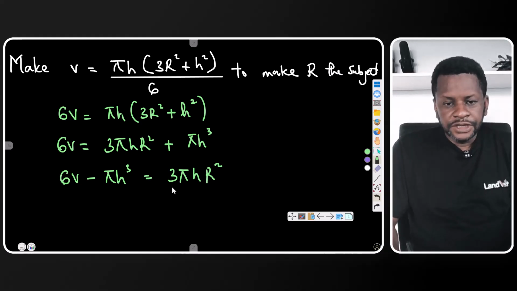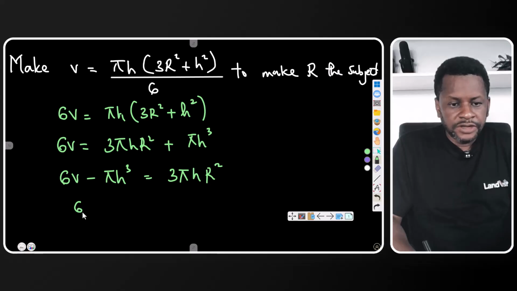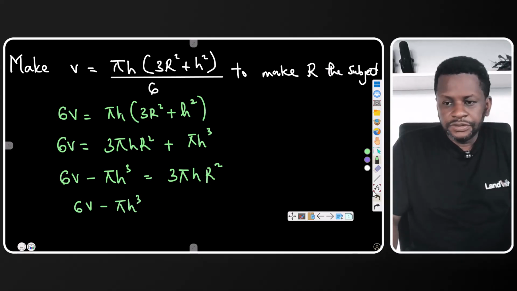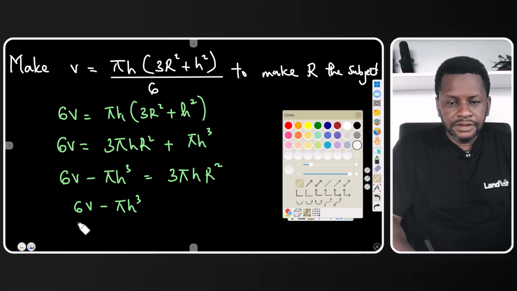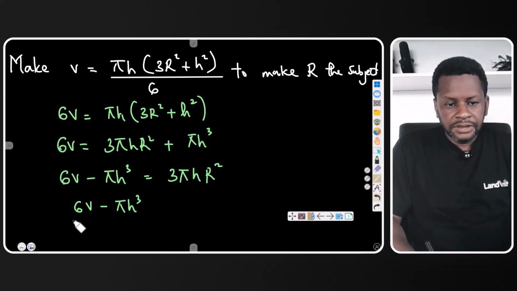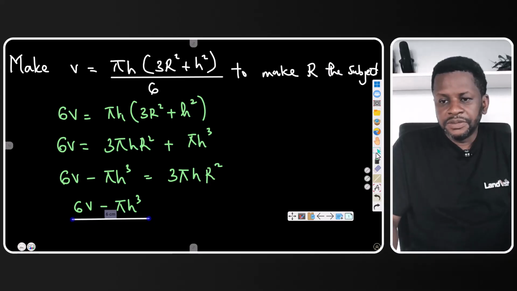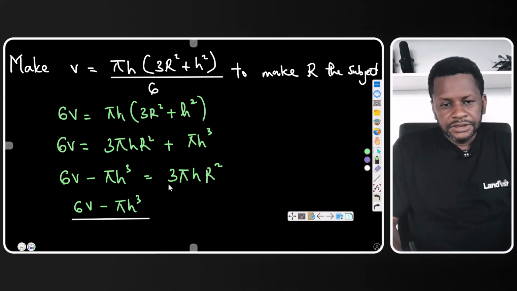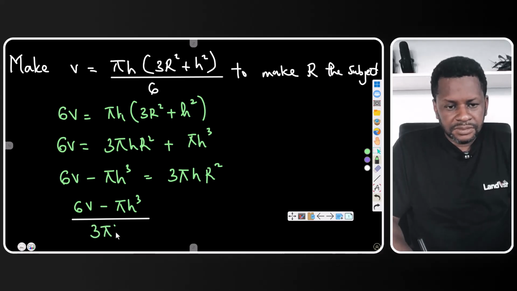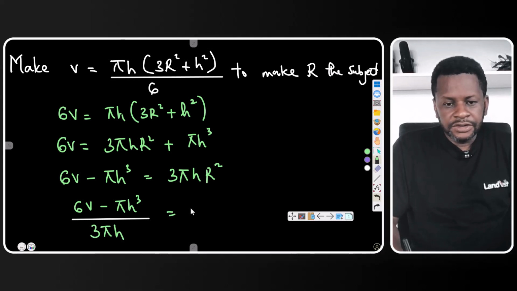Now, of course, you have to divide both sides by 3 pi h. So you have 6v minus pi h cubed, and then you divide this by 3 pi h, leaving r squared on the right side.